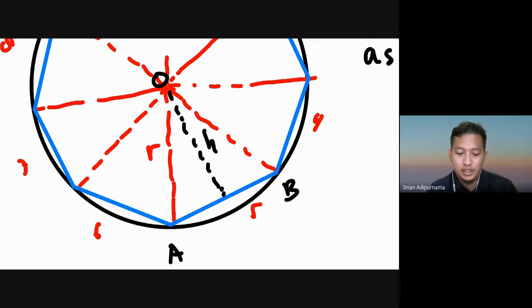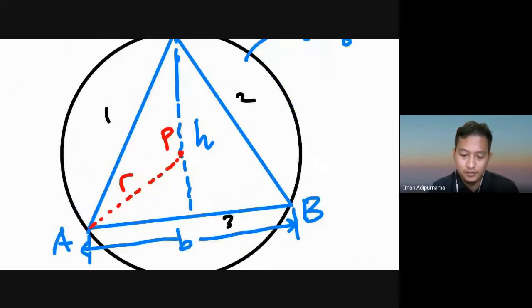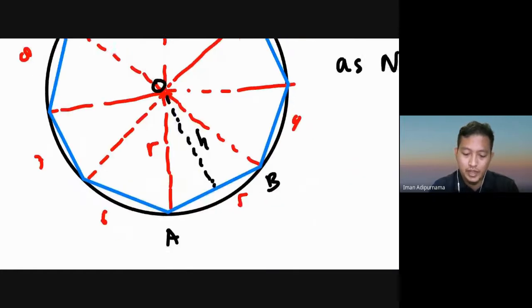When n is increasing, getting larger and larger, what happens with the height?